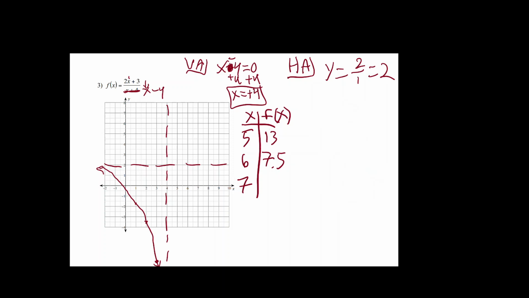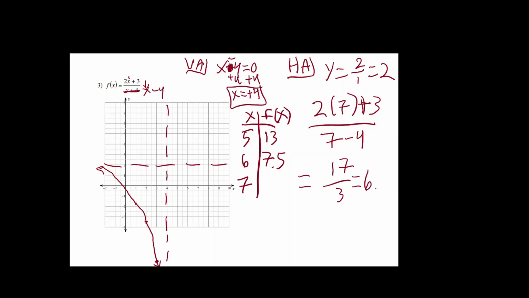And last but not least here, let's take 7 and plug it in and see what we get. So we're going to have 2 times 7 plus 3 all over 7 minus 4. So up top, 2 times 7 is 14. 14 plus 3 is 17 all over 3. And that'll be about 6.3 repeating there.